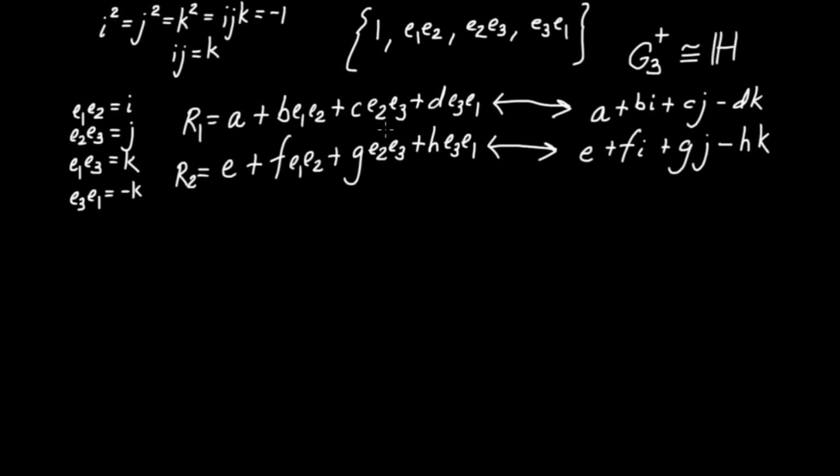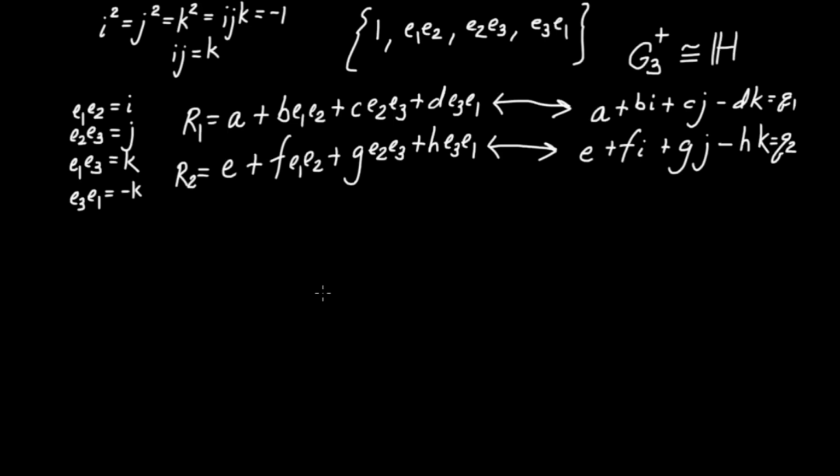That would also be the same as associating this R1 to its corresponding quaternion, which I'll name Q1, and associating this R2 to its corresponding quaternion, which I'll call Q2, carrying out the product over here in the quaternions using the quaternion product, using the rules associated with quaternions, such as i times j going to k, and so forth, making sure each one of these i's, j's, and k's squares to -1. I can carry out that operation, get a quaternion over here, and then translate that back to an element in the even subalgebra, and those two processes are the same.